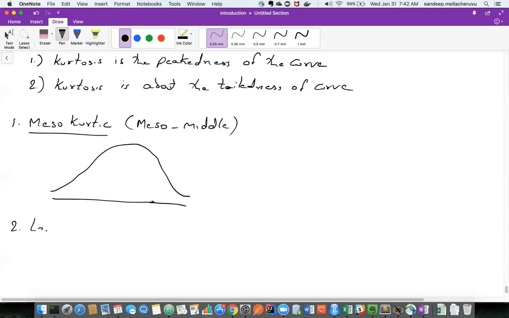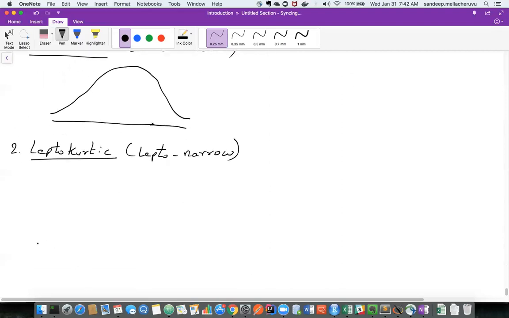The second one is leptokurtic. I think lepto means narrow. So in this case, there will be a very narrow curve.